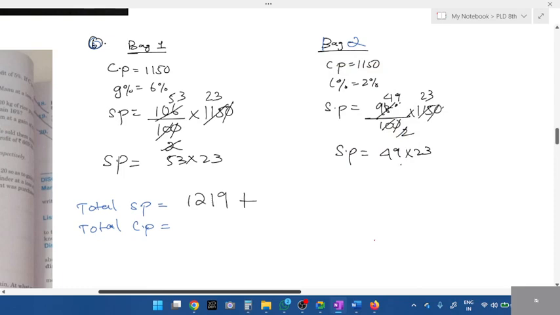What is 49 into 23? Find the total cost price, selling price, loss, profit, whatever it is.